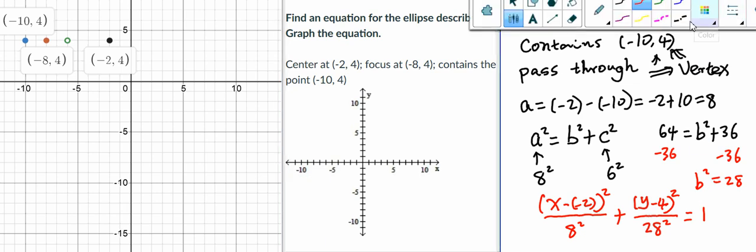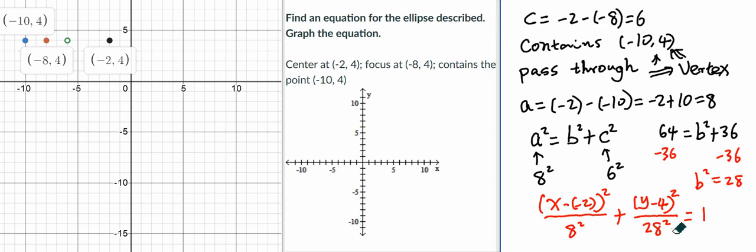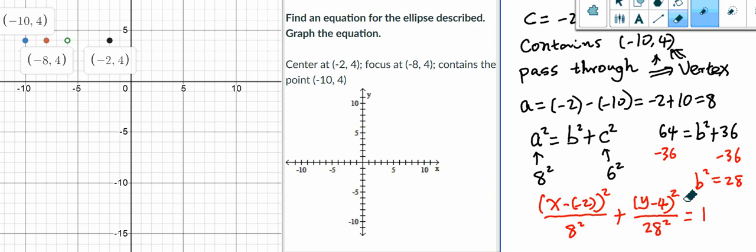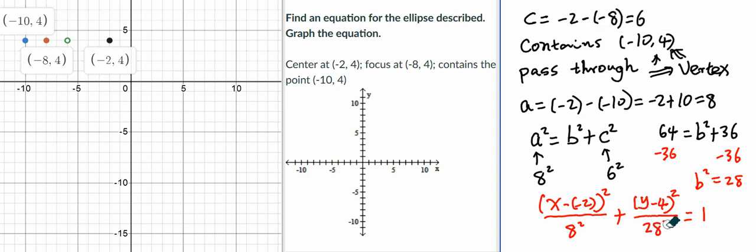Here I need to make some corrections. Right down here. So I should erase this one. Okay, b squared is already 28. And a is 8, so 8 squared, and then here will be 28, which is b squared already.